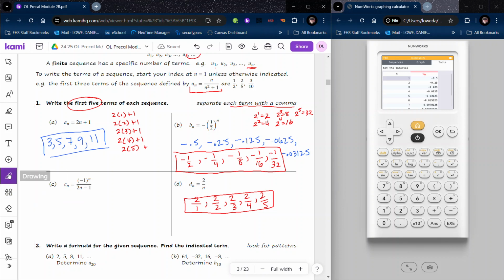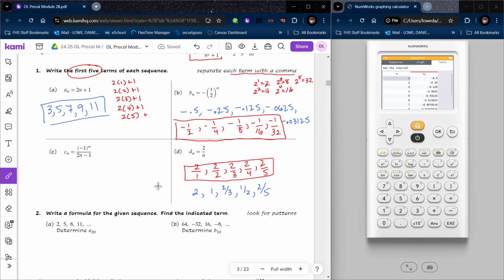It's important to recognize that if I were to have simplified each of these, I would still be correct, but it becomes much more difficult to see the pattern. When we're working with these sequences and series, we're going to want to be sure that we're not simplifying unless we're asked so that I can spot the patterns.